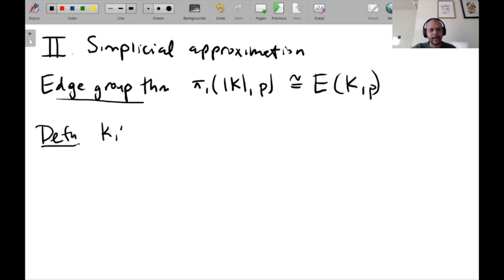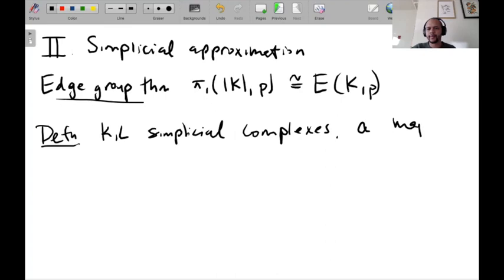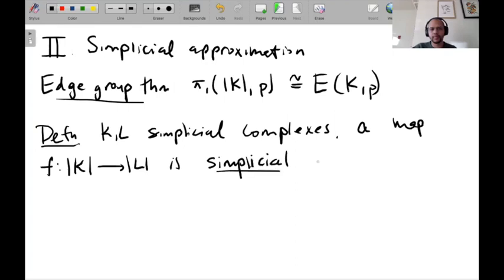For K and L simplicial complexes, a map between their geometric realizations is called simplicial if it sends simplices to simplices and does so in a linear way.